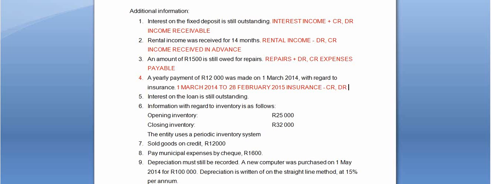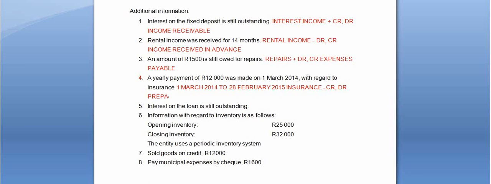So I will short a debit, and that debit entry will be my prepaid expense, because this expense is now paid for the next financial year. A prepaid expense, please note, is an asset account. It's not an expense account, it's an asset account.